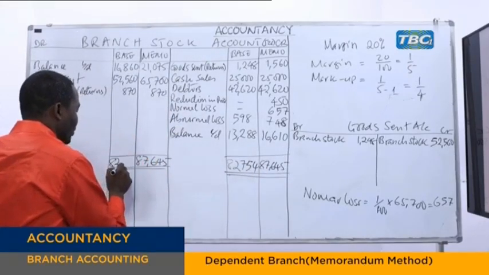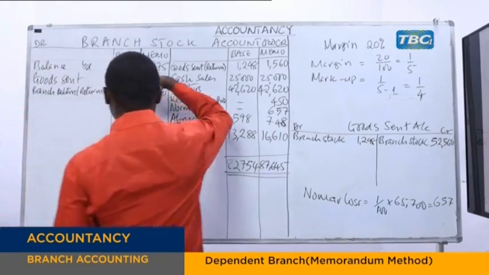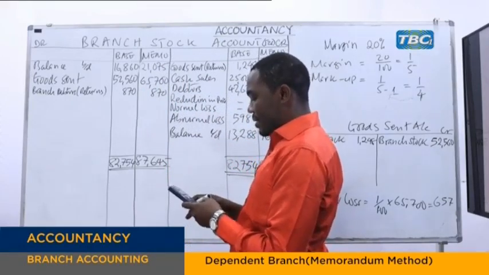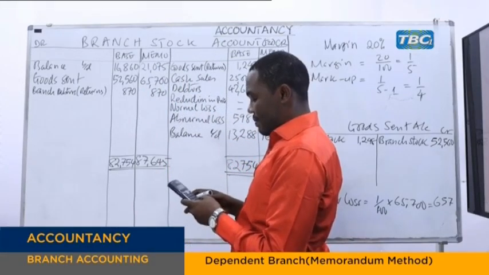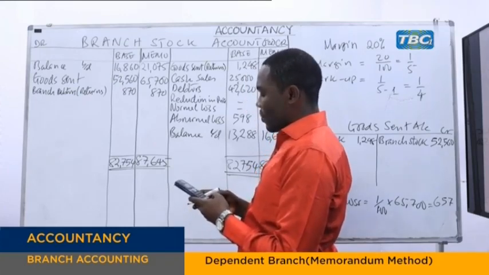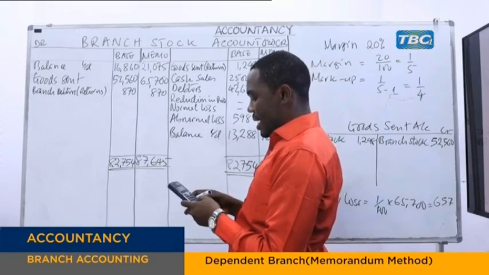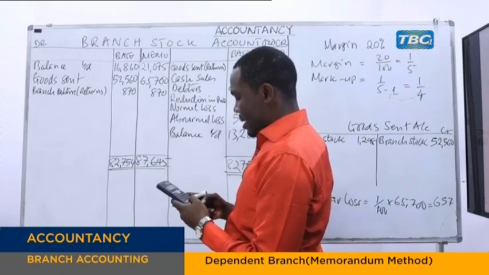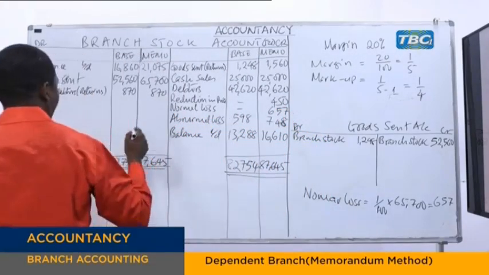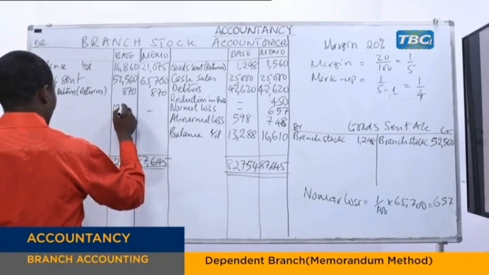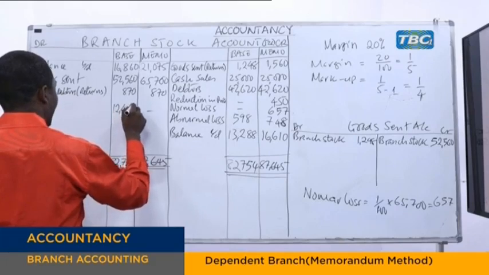Assume it is 82,754. So we less the debit column, that is 16,860 less 52,560 less 870. Yes, we get 12,464.